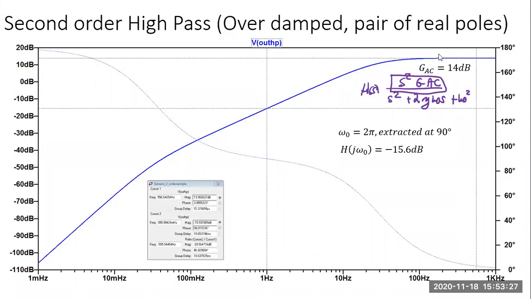Omega naught is at plus 45 and plus 90 for high pass. But again, you can still do this with the magnitude technique. Now the phase goes from 180 down to 0.